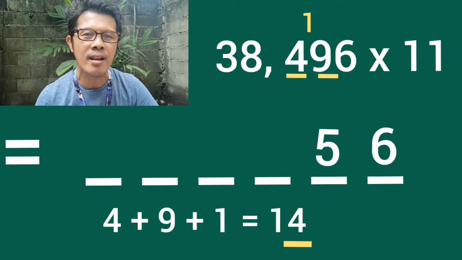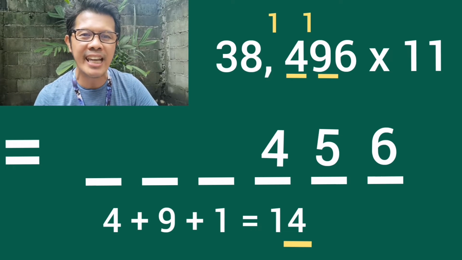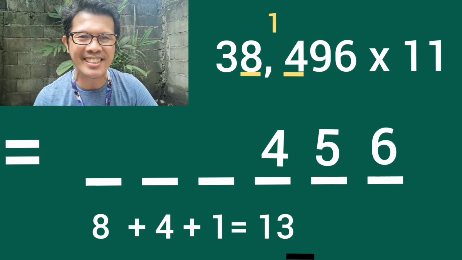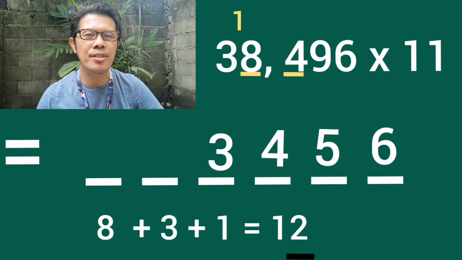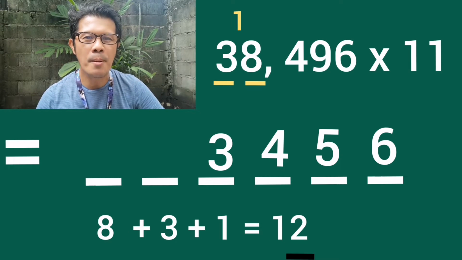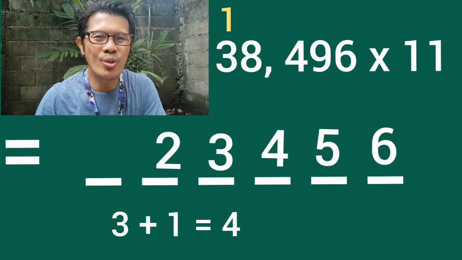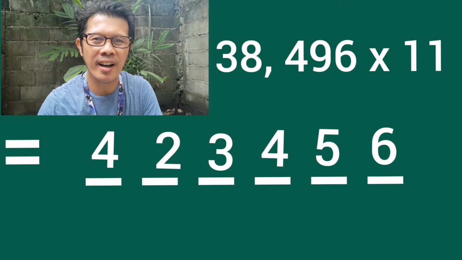From this sum, copy 4 and carry 1 to the sum of 8 and 4, which is 12 plus 1 is 13. From 13, copy 3 and carry 1 to the sum of 8 and 3, which is 11 plus 1 is equal to 12. From 12, copy 2. Then add 3 and 1 to get the 100,000th digit of the product, which is 4.